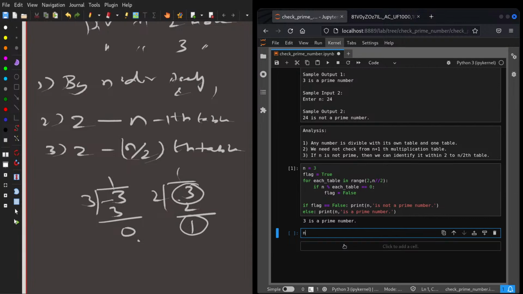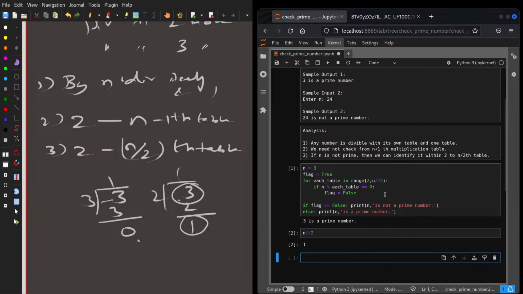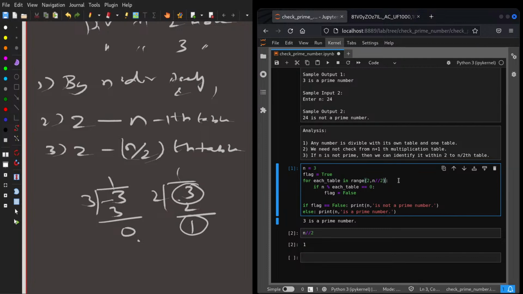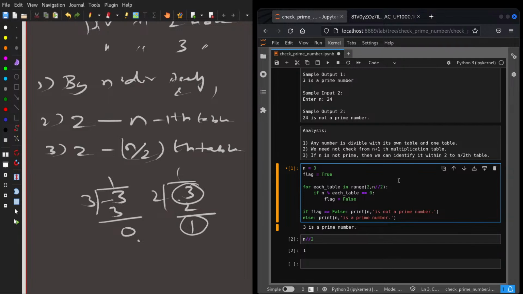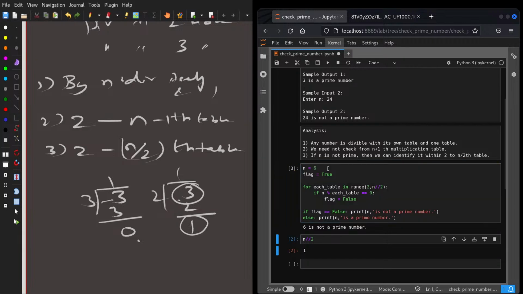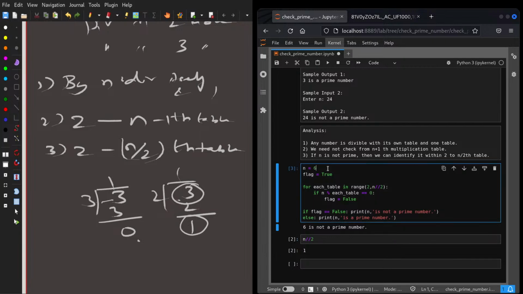Why did that happen? n divided by 2. Oh, this is a very small number. Okay, we have to maintain that. We have to put some check over here because if it is 6, it will work. But in case of 3, this cannot work because n divided by 2 is becoming 1.